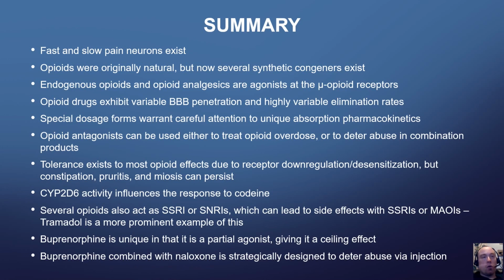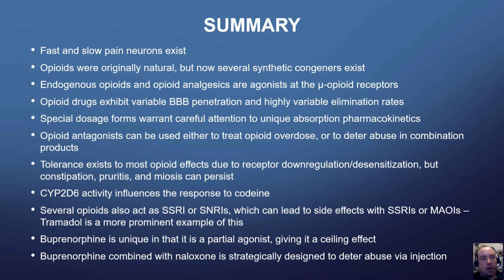The special dosage forms warrant careful attention to the unique absorption pharmacokinetics. Opioid antagonists can be used either to treat opioid overdose or to deter abuse in combination products such as buprenorphine with naloxone.